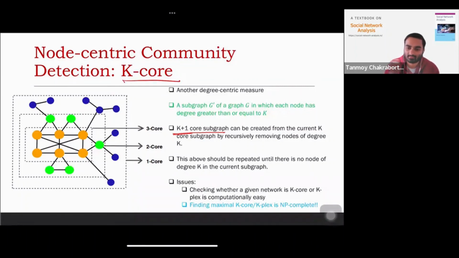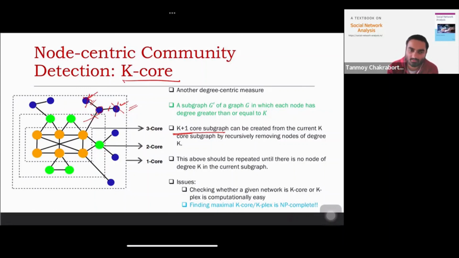That would result in some nodes with degree 1. For example, at this particular stage, you see that this node has degree 1, this node has degree 1. You remove these 2 nodes. What would happen? These edges will also be removed. So in the resultant part, this node has degree 1 now. You then again remove it. So you keep on removing nodes of low degree to obtain the k-core graph.